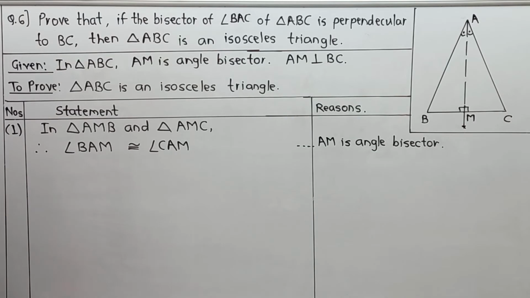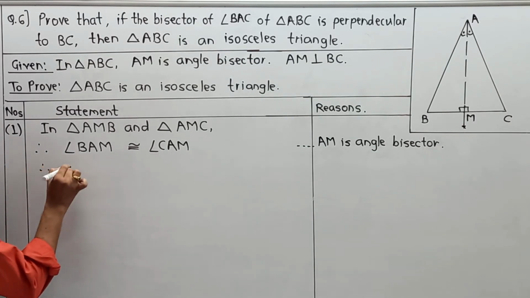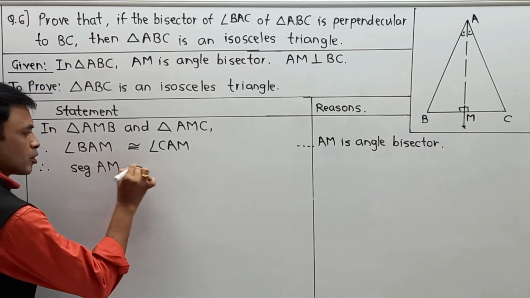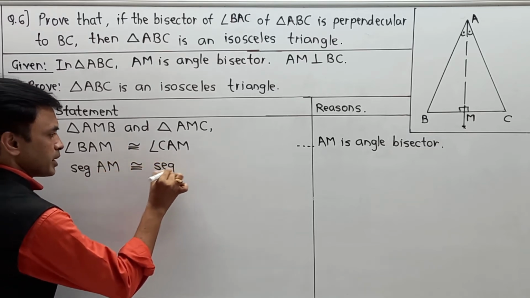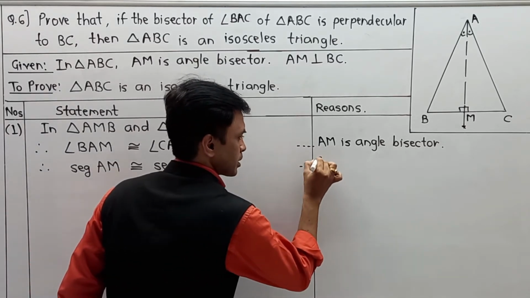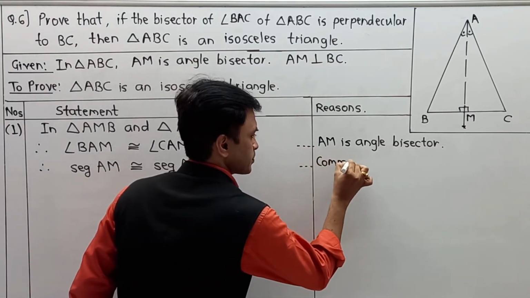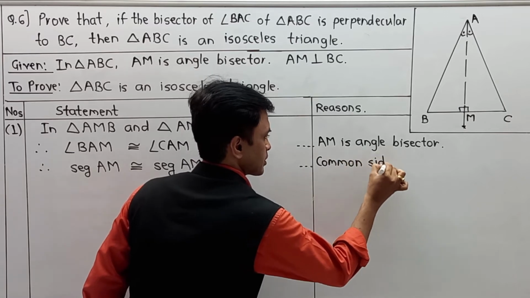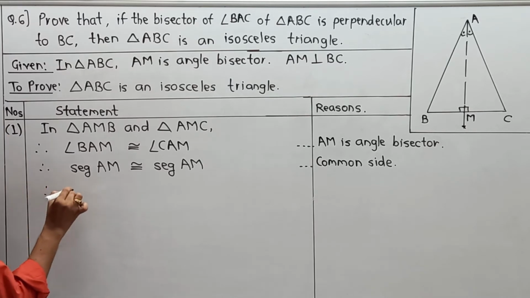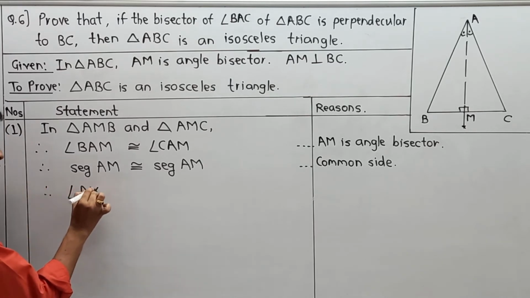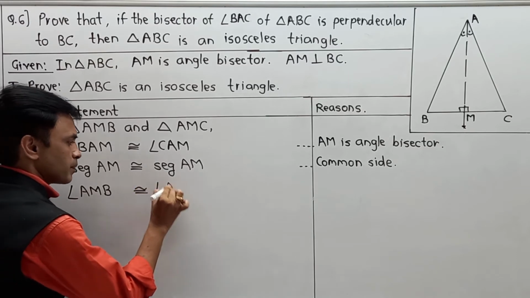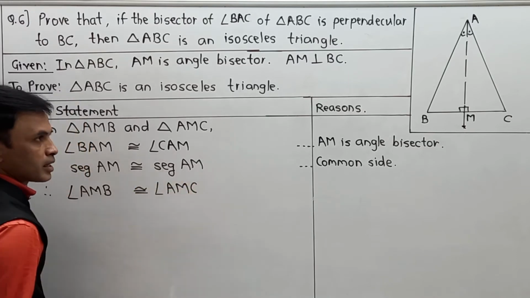Next, segment AM is congruent to segment AM. You can say common side or same side; I am going to write it as common side. Third, angle AMB is congruent to angle AMC.